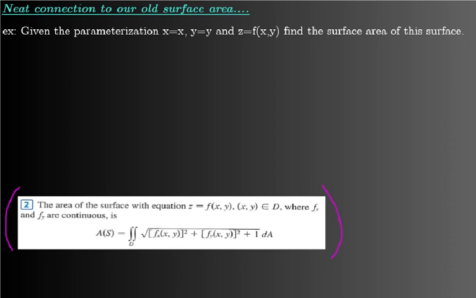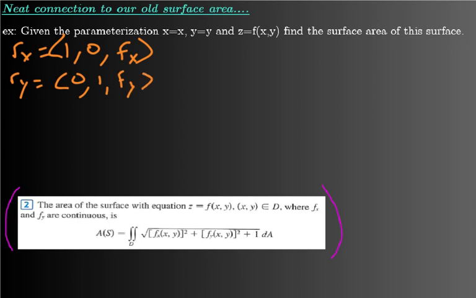So if you have a function that is one of these z equals f of x y functions, then the r with respect to x would just be 1, nothing for the y, and then f with respect to x, right? And then r with respect to y is nothing here, 1 here, and then f with respect to y.